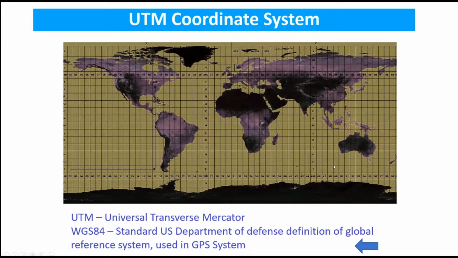Every 6 degrees these sectors are there, and in the latitude direction also it is 6 degrees. Here it is 42. India starts from 42, 43, 44 and some part will be in 45 also.